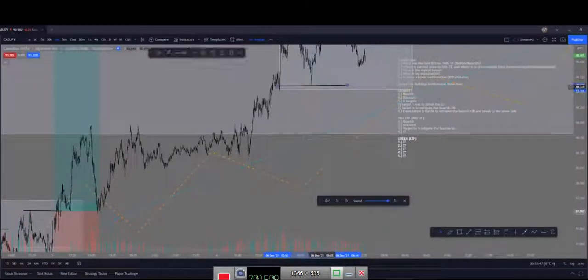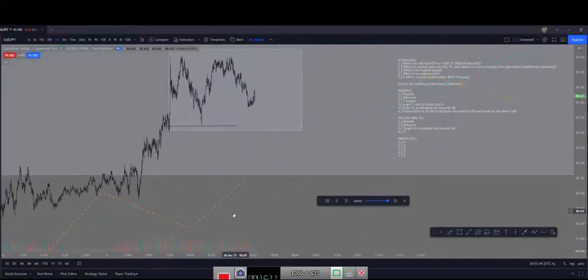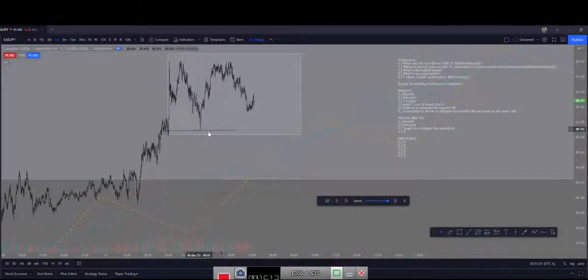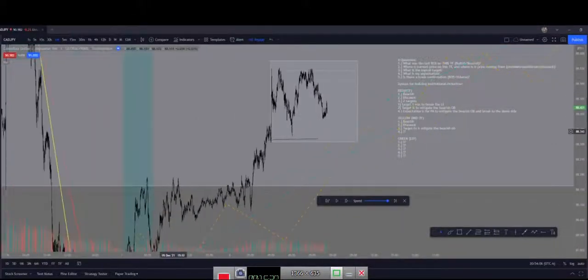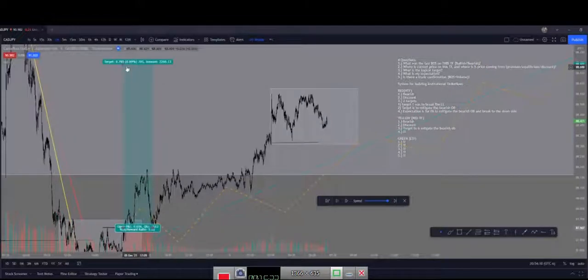All right, because that's actually where I want, and this is where I'll flip it. Well, if it breaks this, I am expecting to short from here because this is the setup that I originally wanted.